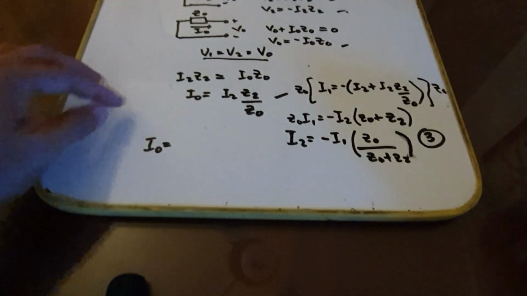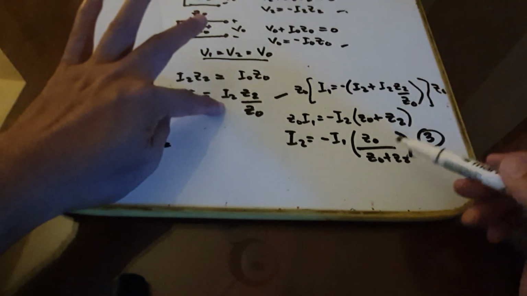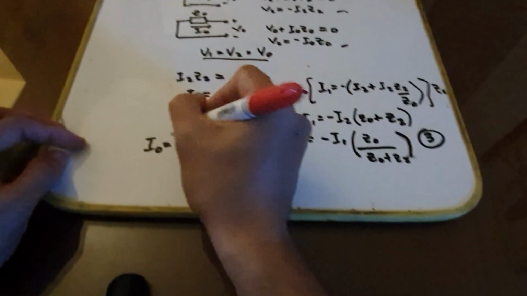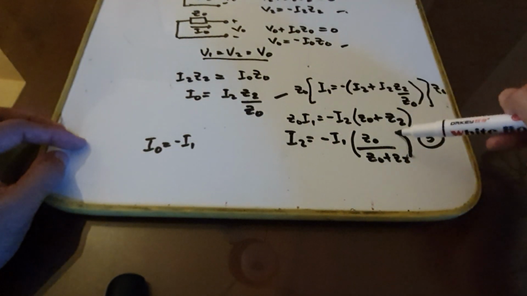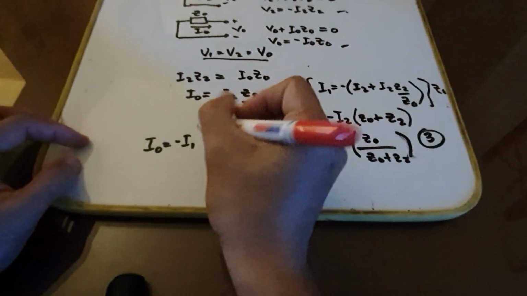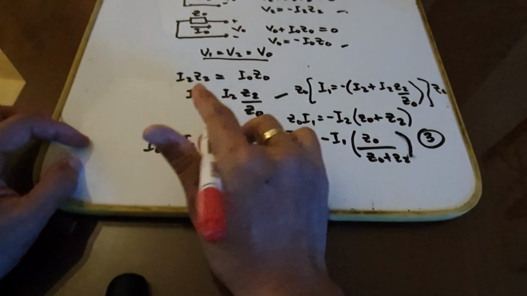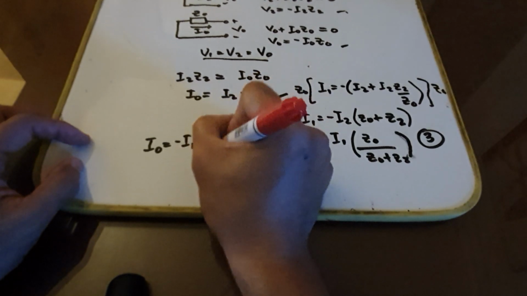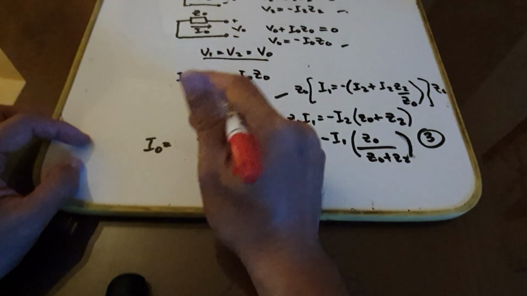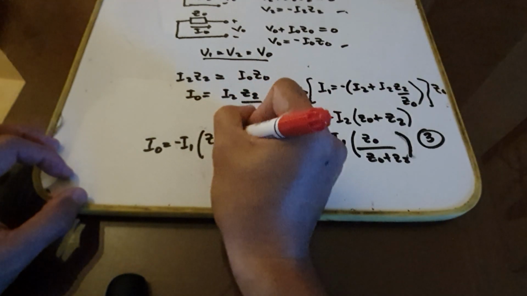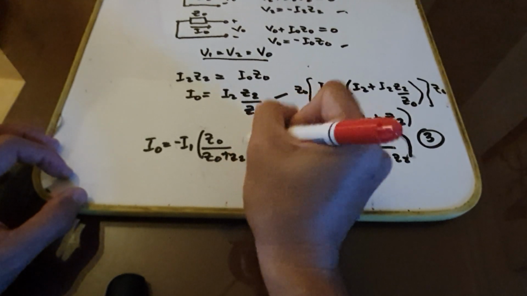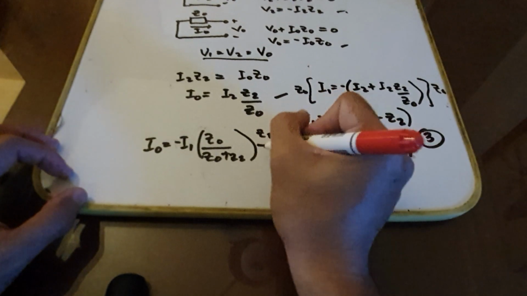I0 is equal to, we substitute this into this formula, so this will become negative I1 Z0 over Z0 plus Z2 multiplied by Z2 over Z0.